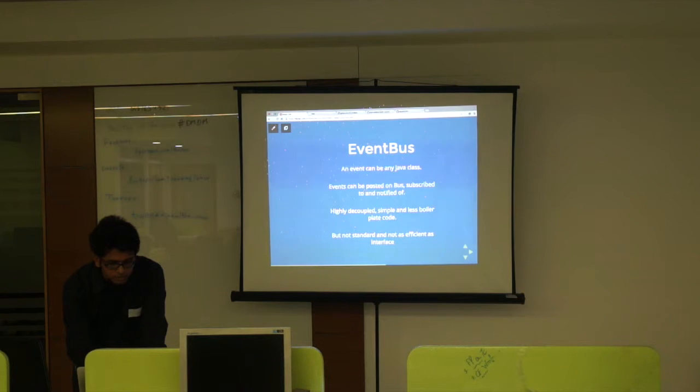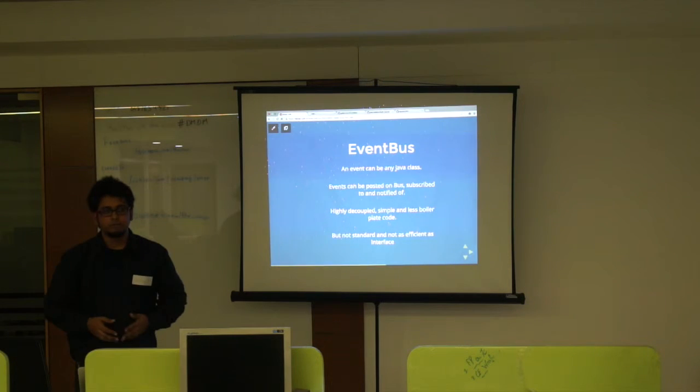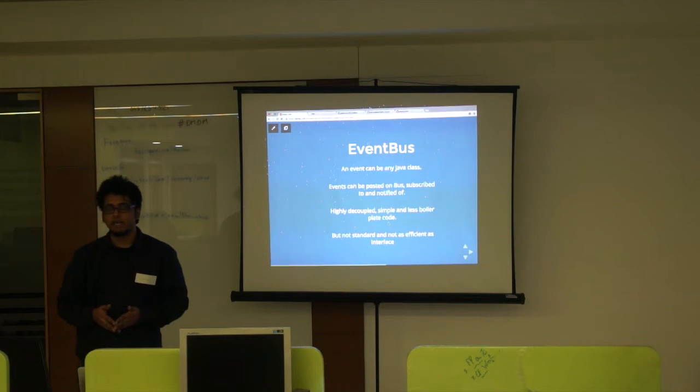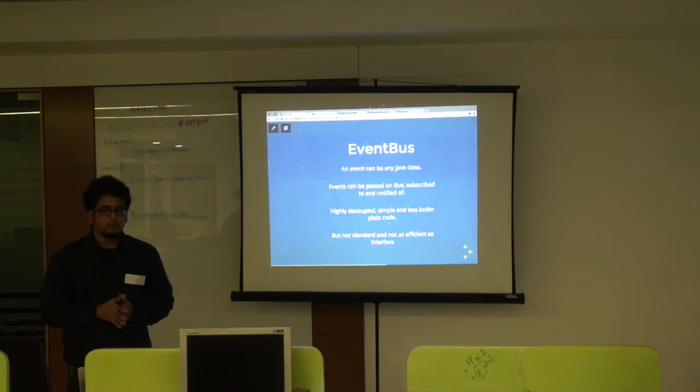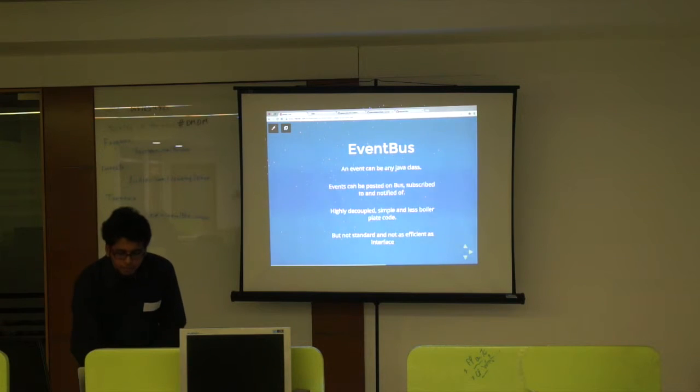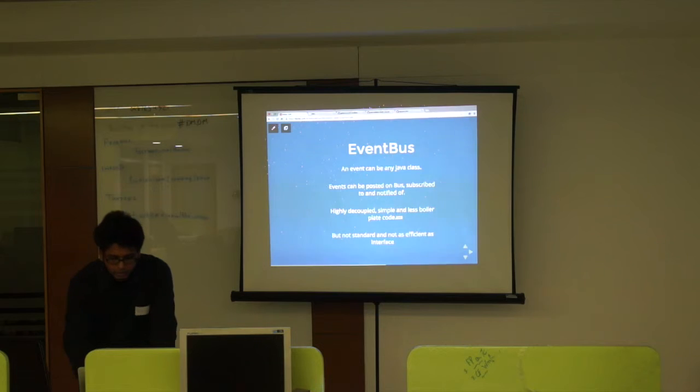Events can be posted on the bus, subscribed to and notified of, with decoupling, similar or less boilerplate code, but not standard. As the concept of an event class is not standardized, a lot of developers are going to have trouble dealing with its nature and working. And it's not efficient. I'm going to talk about the efficiency of it in upcoming slides.